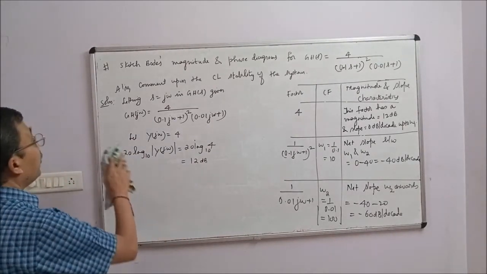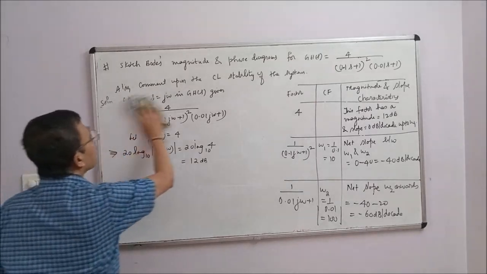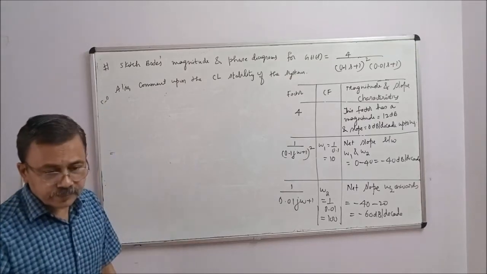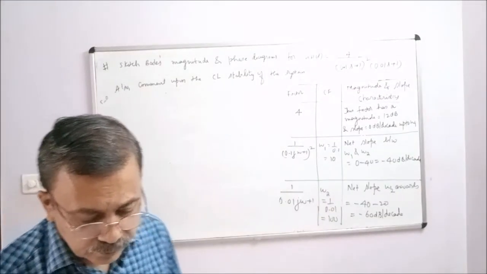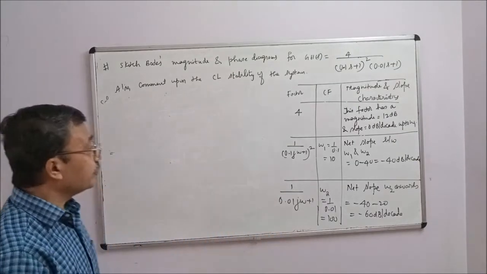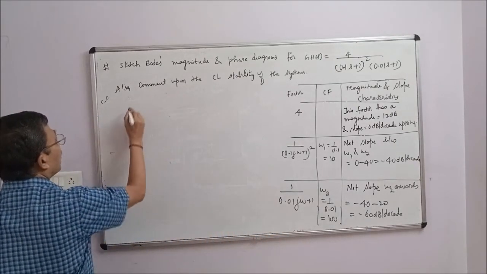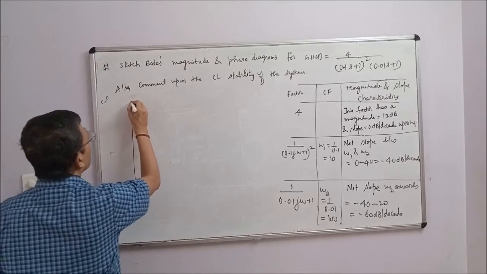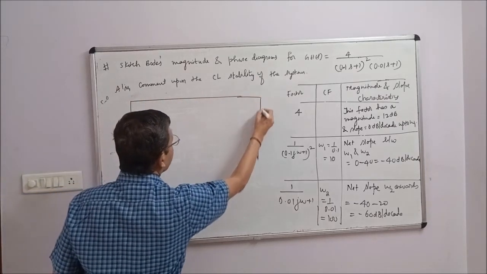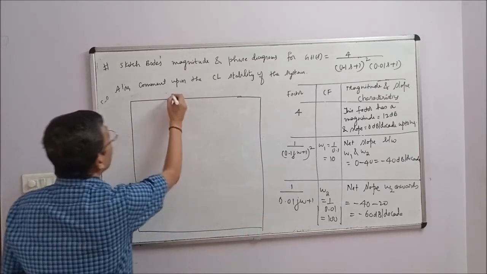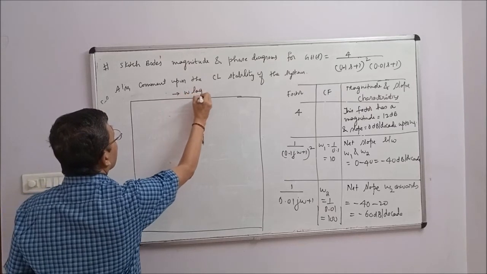The magnitude diagram will be drawn. Let us assume that this is the semi-log sheet. This is omega in log scale.